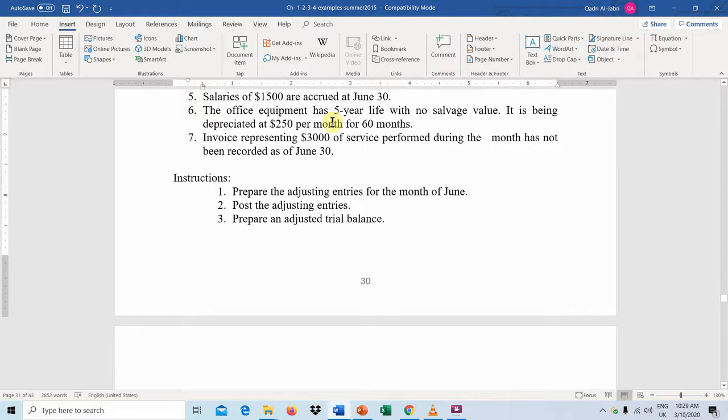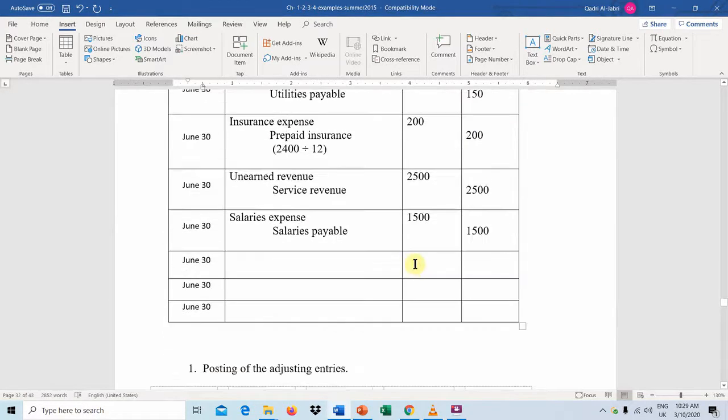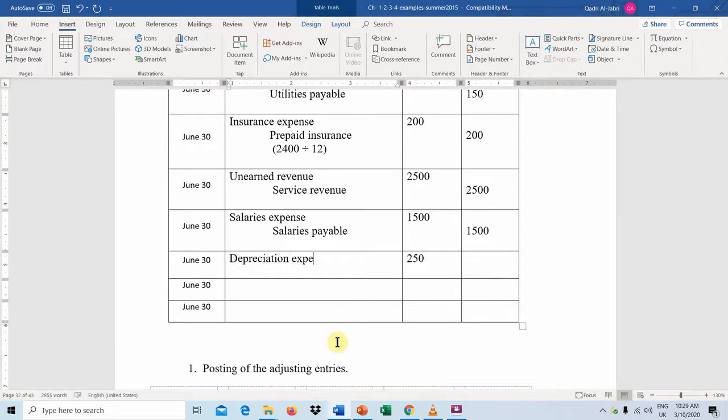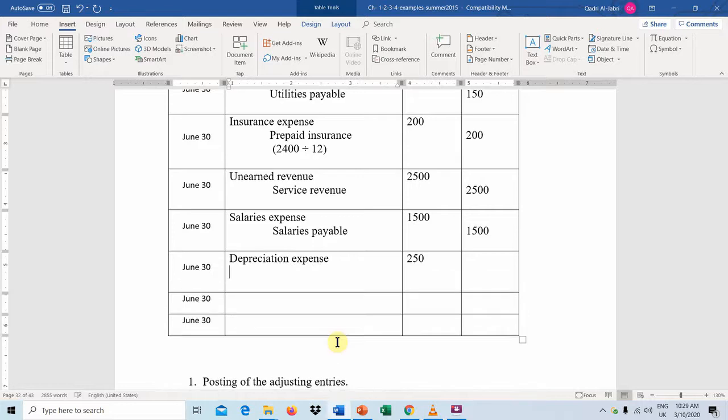The adjusting entry for depreciation is simply debit depreciation expense and credit accumulated depreciation by the 250. So I will debit depreciation expense and I will credit accumulated depreciation by 250.